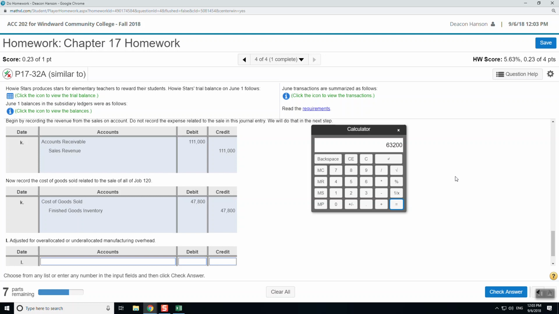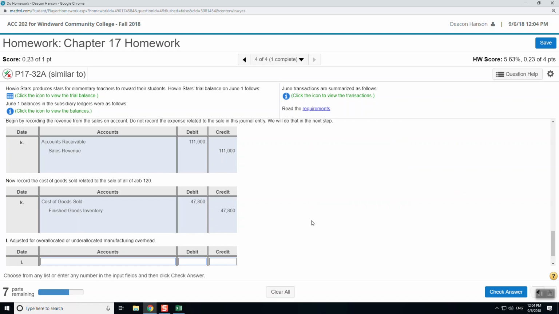And then if you wanted gross profit percentage, you take the gross profit number and divide it by the revenue. So take 63,200 and divide it by 111,000. That will give you a fraction. So they got a 56.9, or rounded, 57% gross margin. So for every dollar on that job, they got 57 cents roughly. Just kind of a refresher, we threw that in there.